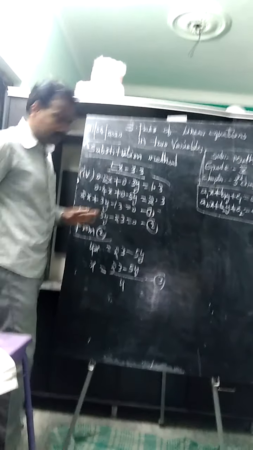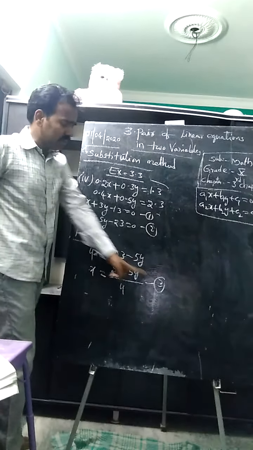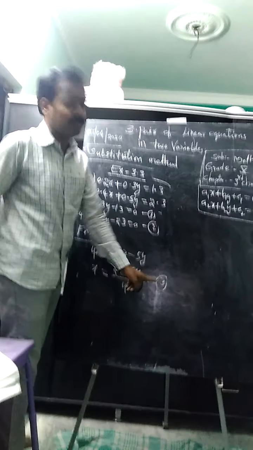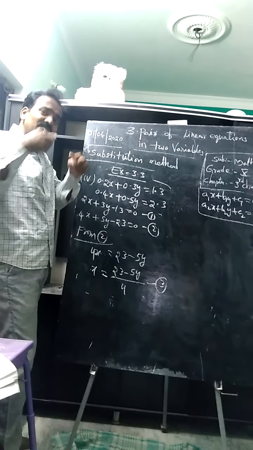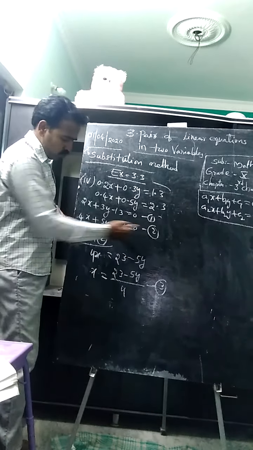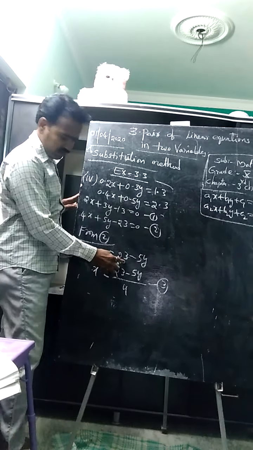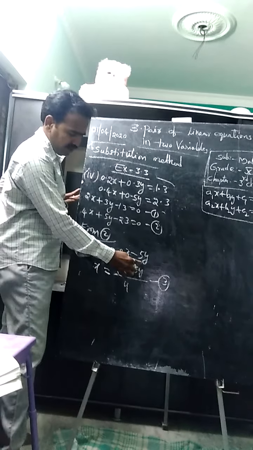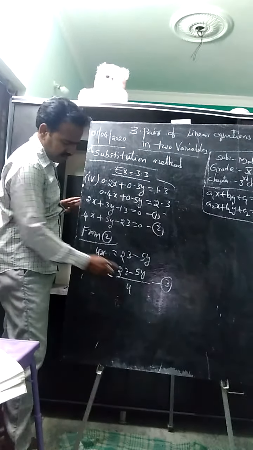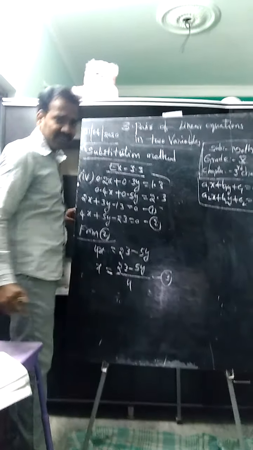Again I am repeating, students. In the previous problem we got the third equation from 1, but now I am taking from 2. From equation 2, 4x equals minus 23 can change to plus 23, plus 5y can change to minus 5y. Then 4 is in multiplication, that can change to division. We got equation 3.